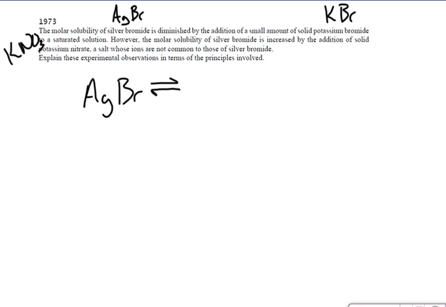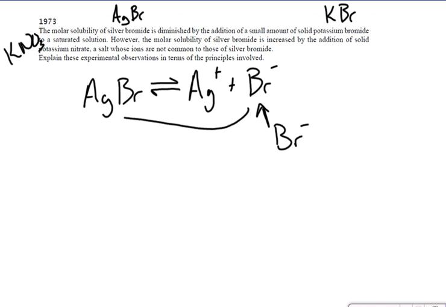And even if that number is very, very small, you are going to end up with an itty-bitty amount of silver ions and bromide ions in solution. So if I add potassium bromide, that's like adding a stress to the system. The system's going to favor the production of more silver bromide. So this is simply Le Chatelier's principle.